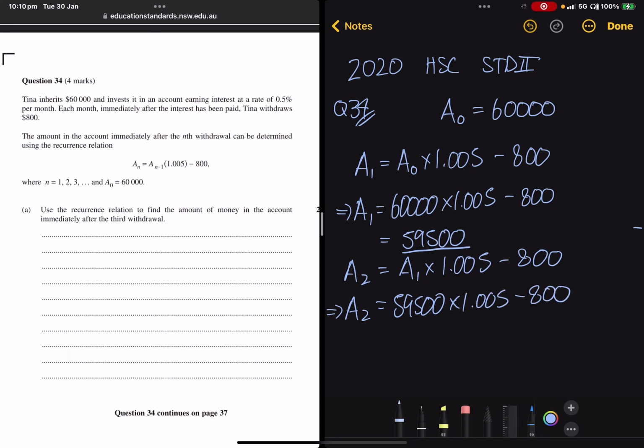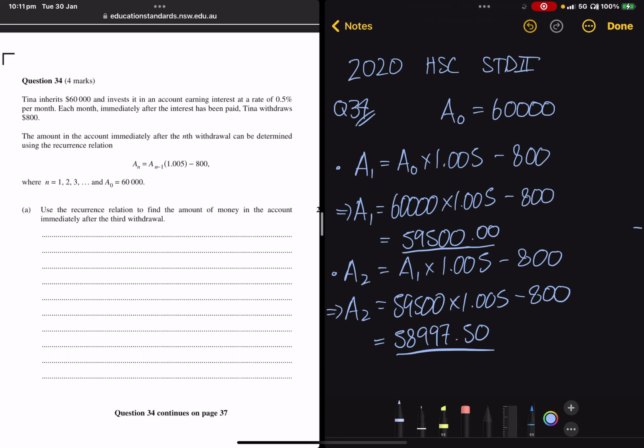Now this makes sense, by the way, because the amount in the account is being increased by 0.5% before the 800 is coming out. That's why we're multiplying it and then subtracting. So this gives us an A2 value equal to 58,997.50. So this is now A2.